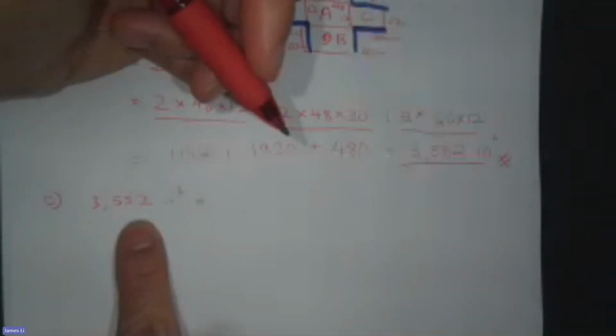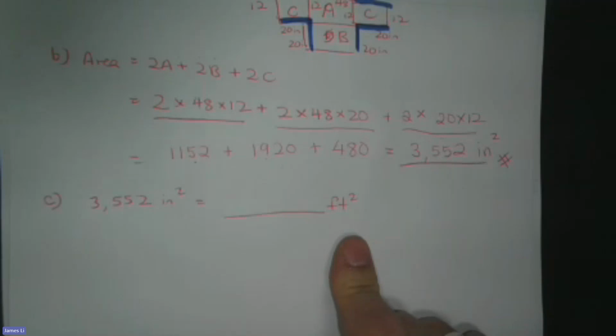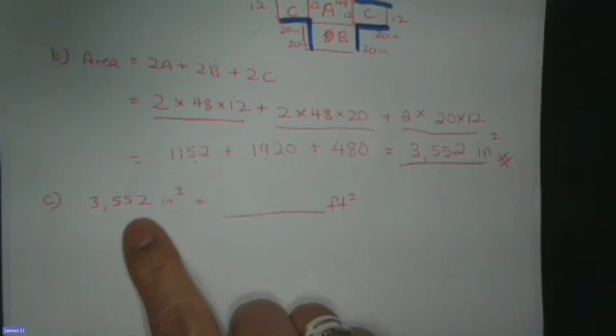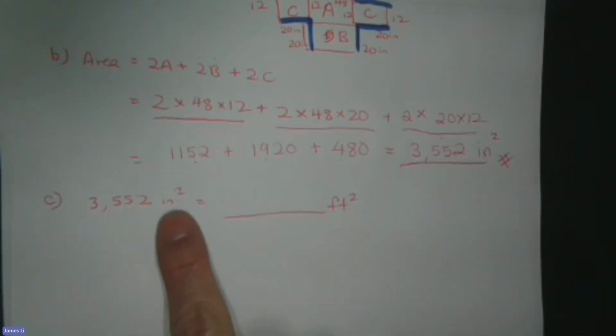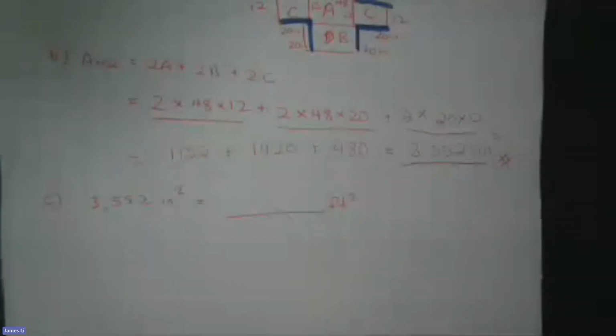Essentially, they're asking you, the area is 3,552 inches square, so what is it in feet square? You understand what I mean? Now, you can't just take this and divide it by 12, because you're not converting inches to feet. You're converting inches square to feet square. And the question has already given you the clue.